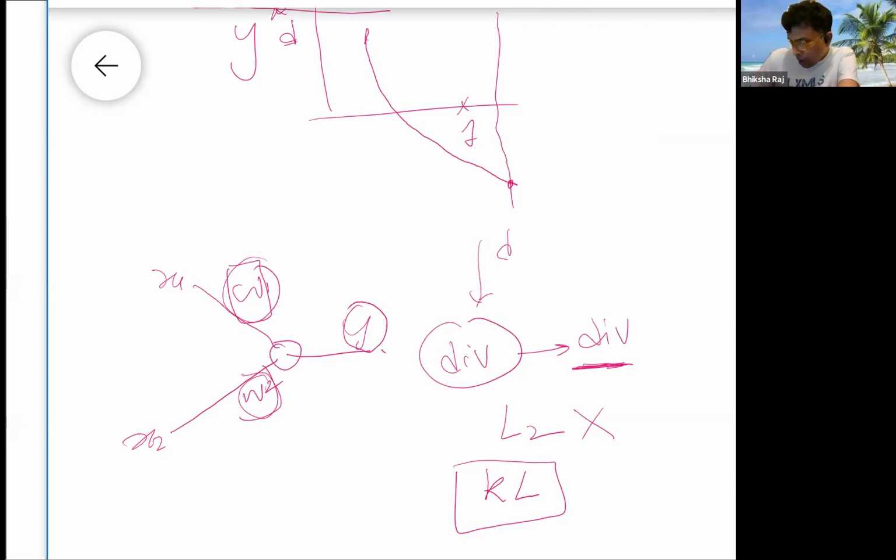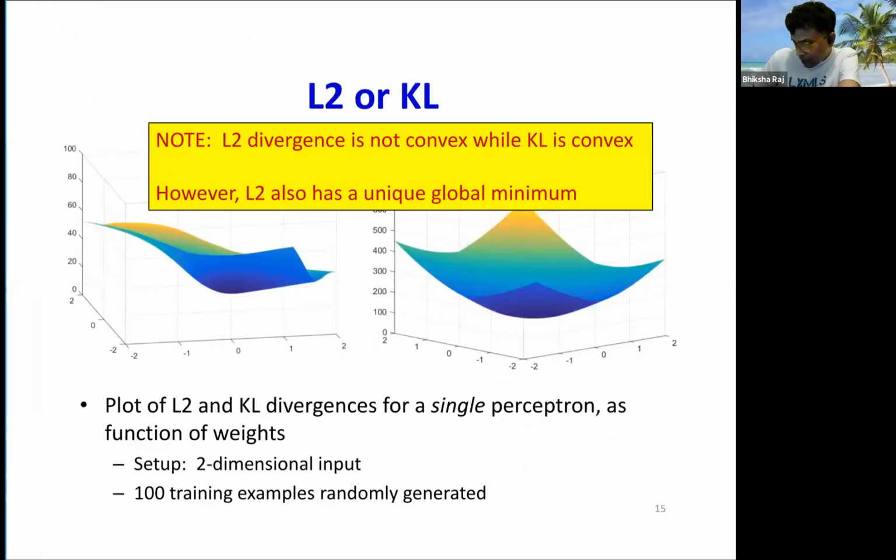So simple convexity of the divergence over here doesn't tell you about the behavior with respect to the parameters of the network. And in general, the KL divergence is actually better behaved than the L2 divergence, at least as far as the final layer of a network is concerned.